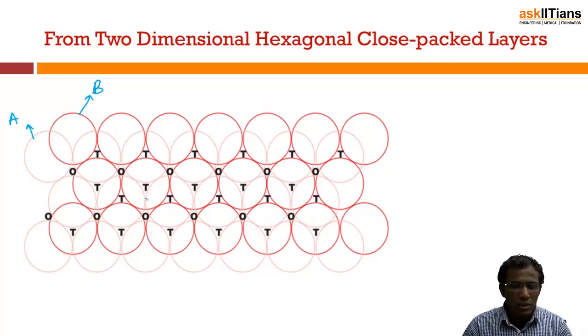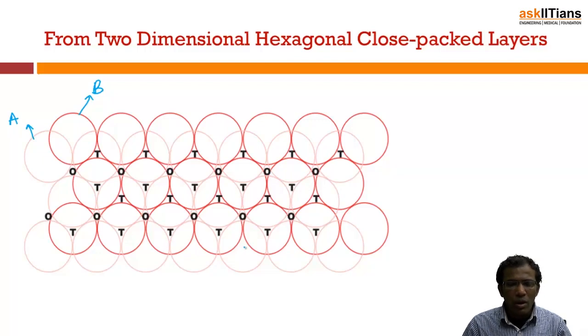Here, if you see, I arranged the second layer spheres in the depressions of the first layer. This is a depression of the first layer, and I placed a sphere of the second layer here. In this way I arranged the spheres of the second layer.